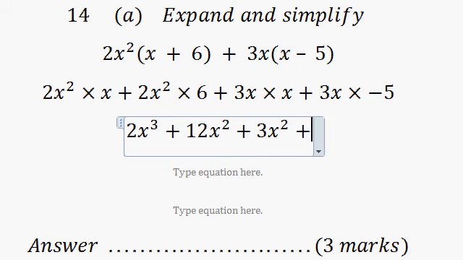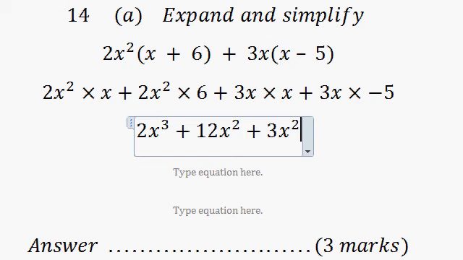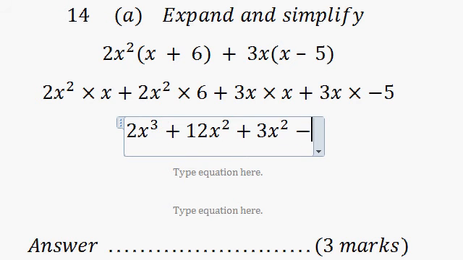plus 3x times minus 5. So the first thing to do here, a positive number times a negative number will always give you a negative number, so it's not going to be plus, it's going to be minus. If the signs are the same, the answer is plus when multiplying, and if the signs are different when multiplying, the answer is minus. Here the signs are different.